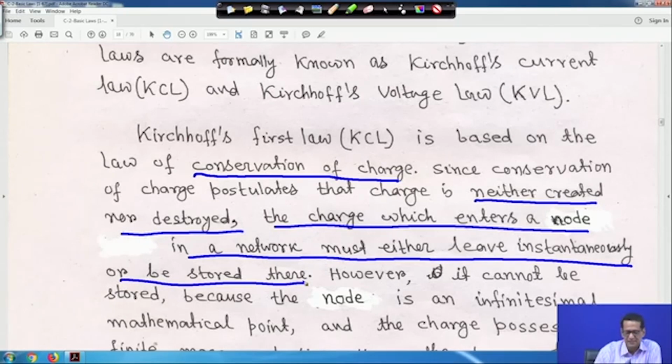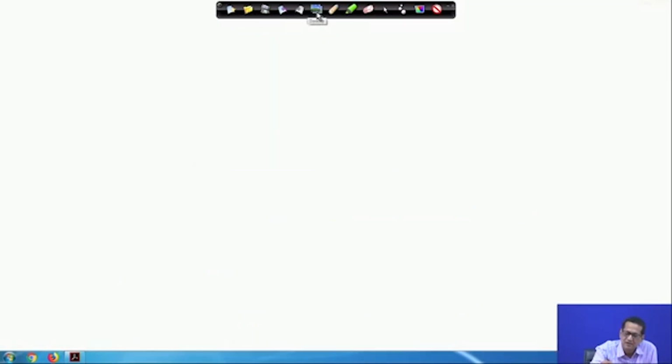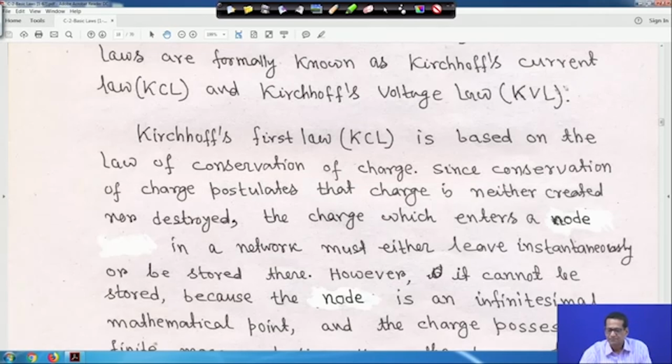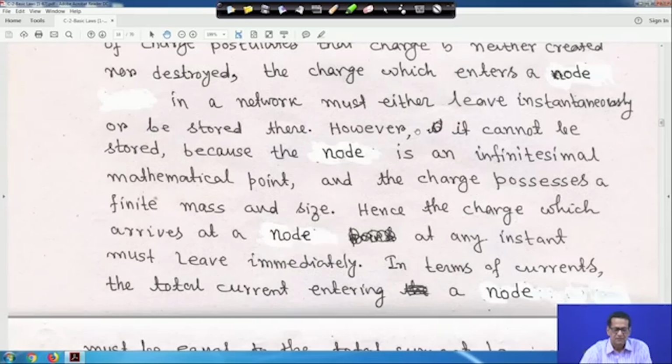However, it cannot be stored because the node is an infinitesimal mathematical point. Charge possesses a finite mass and size.